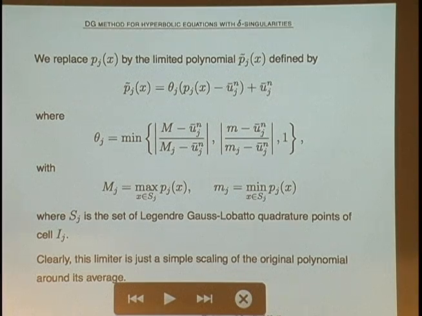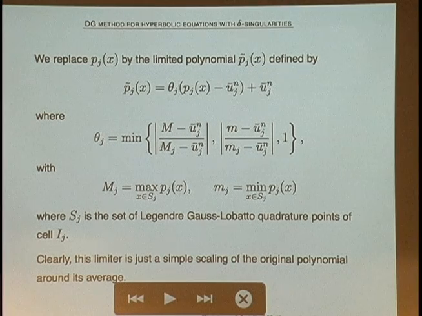You squeeze it by a factor theta. Theta is computed here. You can see that the formula depends only on the evaluation of the original unlimited polynomial at these quadrature points. So you only have to compute these 4 circled guys. And then you can compute theta. Then you can easily compute the limited polynomial p tilde j.